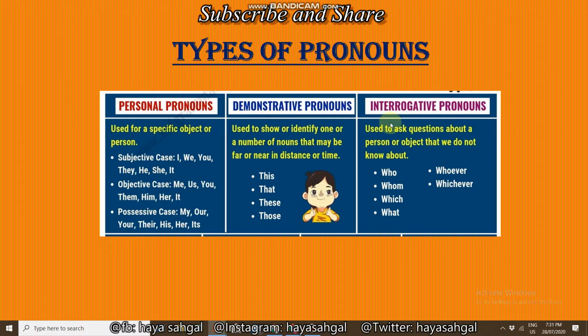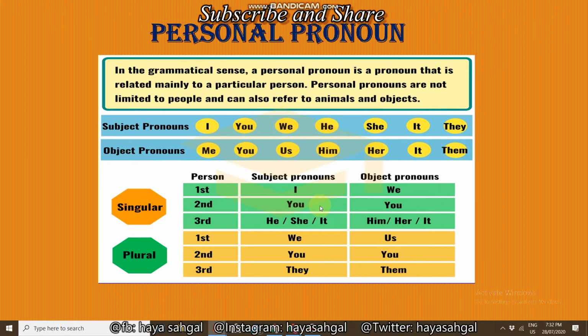Interrogative pronouns, as we know, interrogative means to question. So these are asking pronouns. These are used to ask questions about a person or object that we do not know about. They are the W's: who, whom, which, what, whoever, whichever. So these are interrogative, asking pronouns.